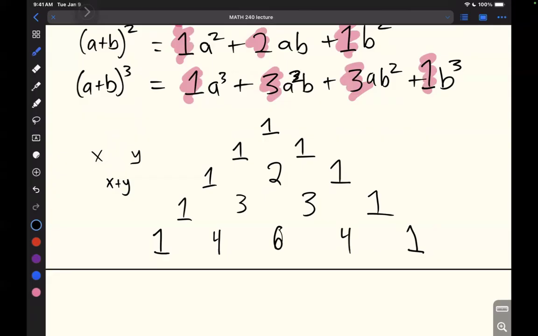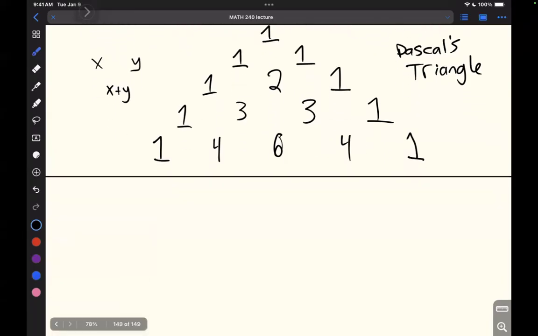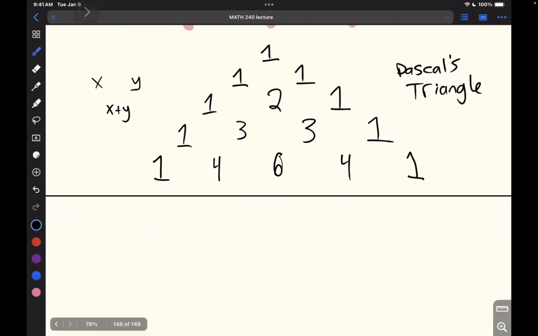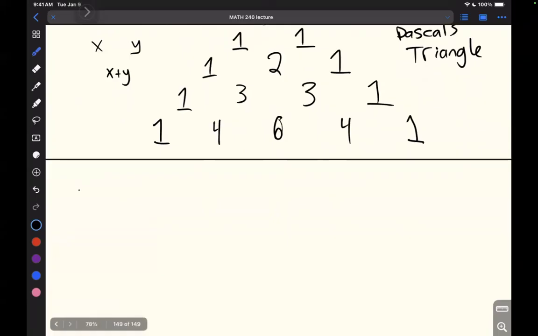So we can expand this table as we go. This is called Pascal's triangle. And it's super cool. It has a bunch of applications, one of which is that when we want to expand out a polynomial, we've got another binomial theorem.